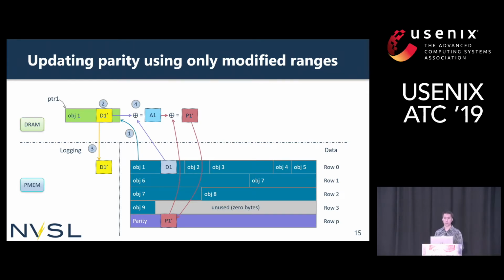Pangolin does not have to read data from other data rows to update a range of parity. It views the modified checksum as one extra modified range of an object. So for cleanness, I'm not drawing the checksum or the replicated log entries from this slide. After parity updating, Pangolin updates the modified range to finish the transaction.